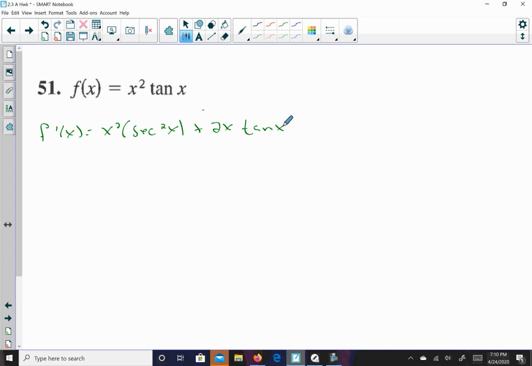Then from here, I am going to factor out an x to make it x times the quantity of x secant squared x plus 2 tangent x. I thought about factoring out a secant x, but then I stopped myself and said, no, this is good enough. So there I am. That's my derivative. Very simple.